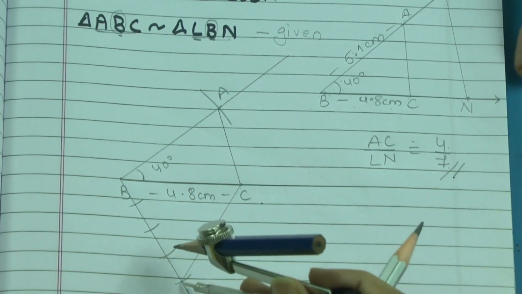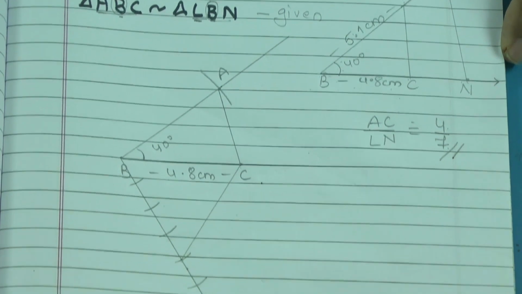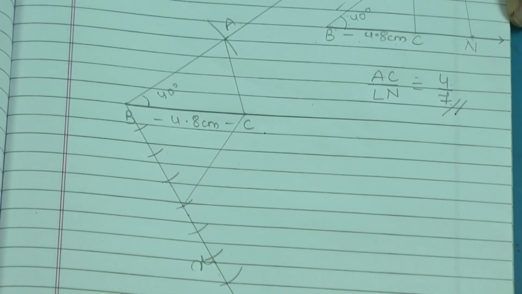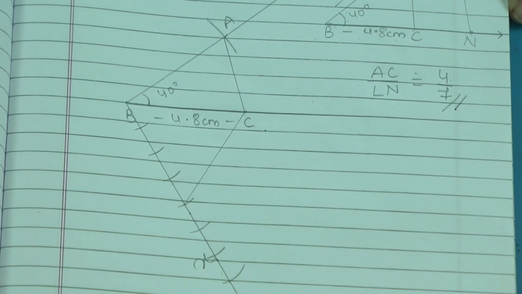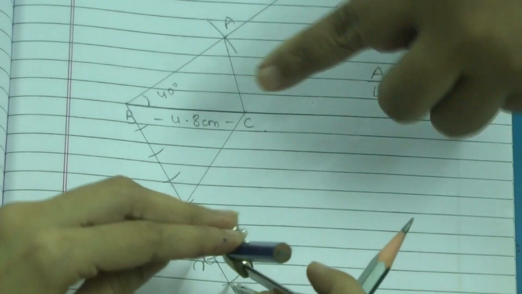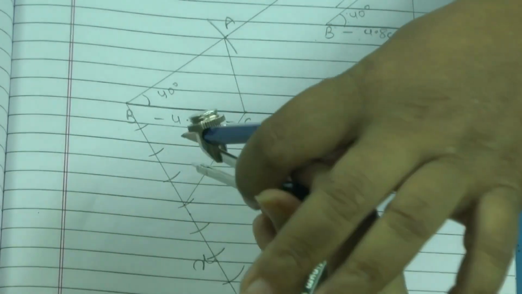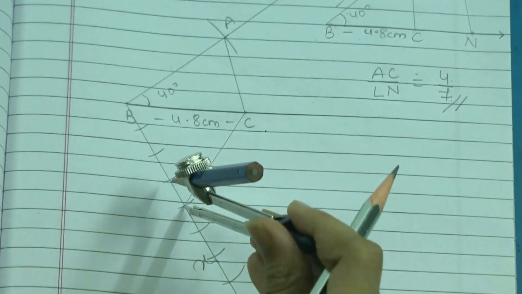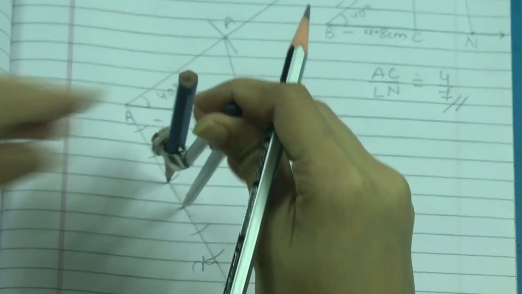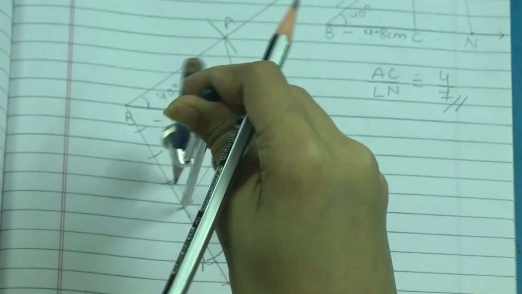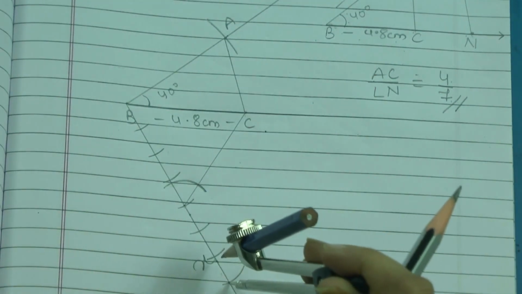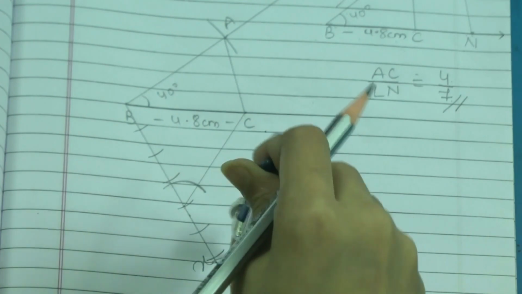Now we will go for the 7th part, and as I said before, we will be drawing an angle at the 7th part equal to the angle at the fourth part. So keep the pointer at the 4th, give an arc, lift the compass, keep it at the 7th part, give an arc.